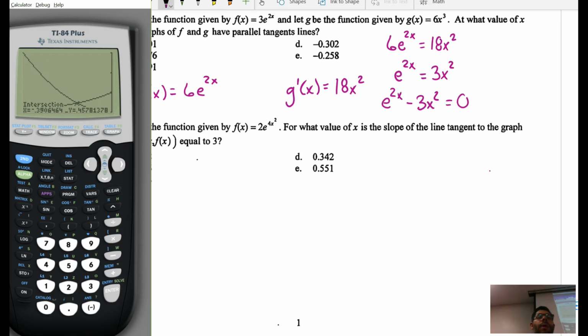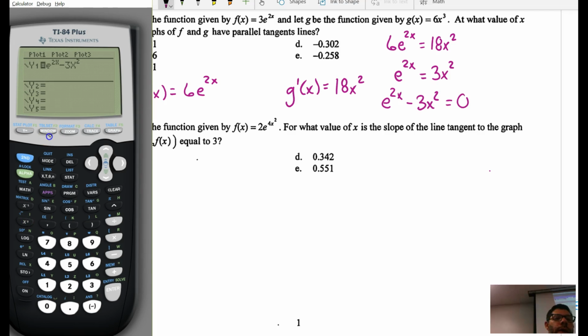The reason why I might want to solve this equation versus the intersection method is when I type in e to the 2x minus 3x squared, and change my window, the x's are still going to be -1 to 0. And now I don't have to let the calculator figure out the y values for me. I don't even have to guess at the y values. The y value that I want to see is a y value of 0.